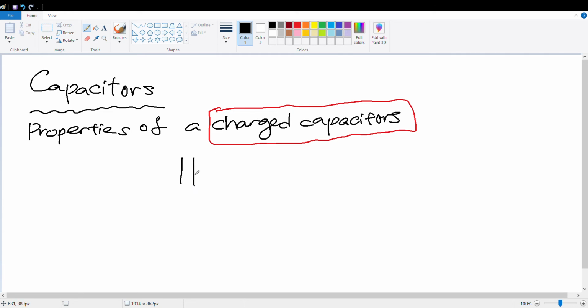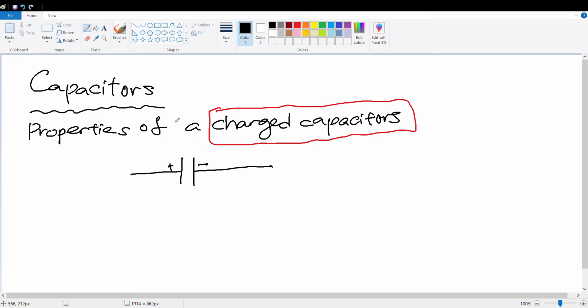So when it is attached to the power supply, there's a difference between the two plates. One of the plates will be positive charge, and the other plate is negative charge.